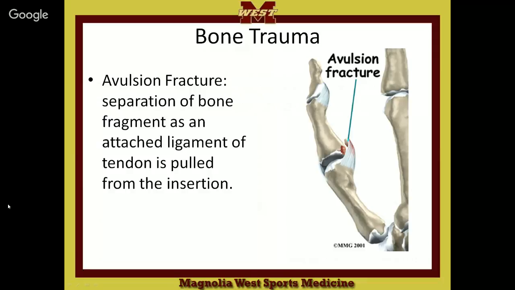It's actually the bone. So that you see this often on thumbs because that ligament's really pretty tough. And so, boom, there goes the bone. Comes off. So it's always good to make sure you get an X-ray on thumb injuries. So it's separation of bone fragment as an attached ligament of the tendon is pulled from its insertion.